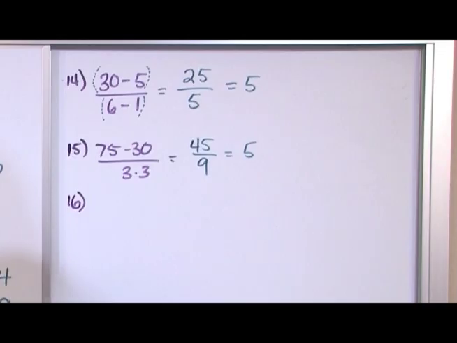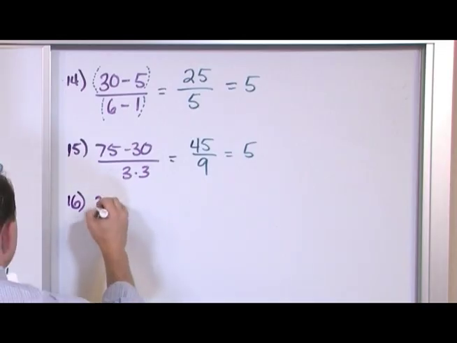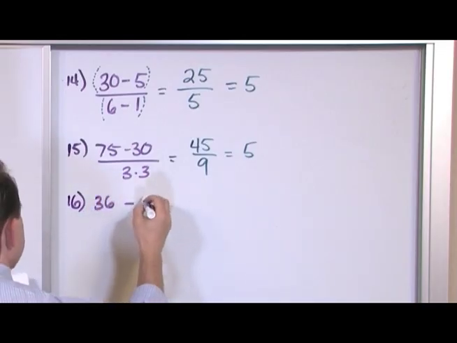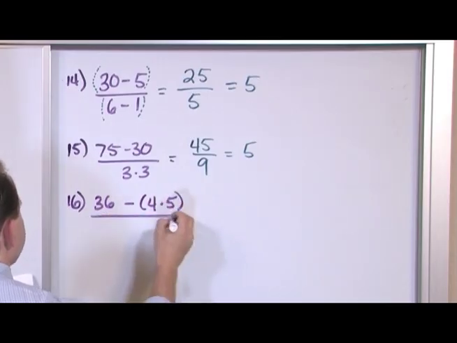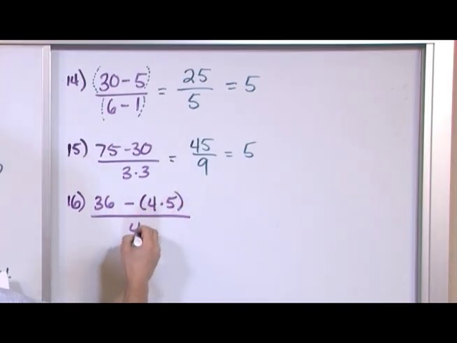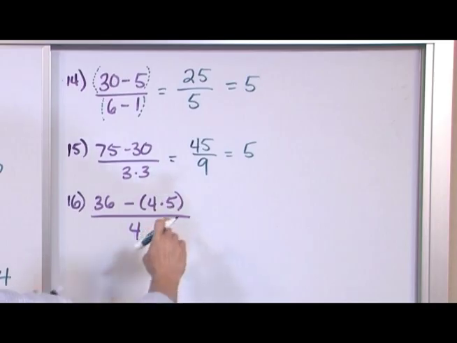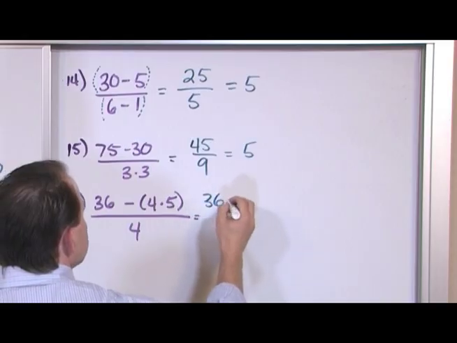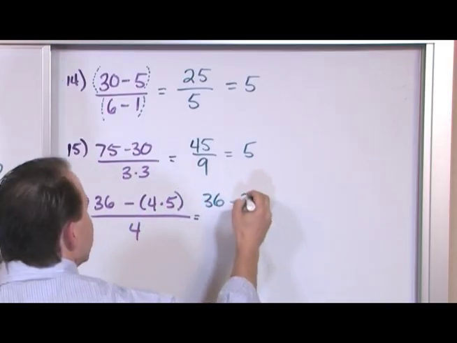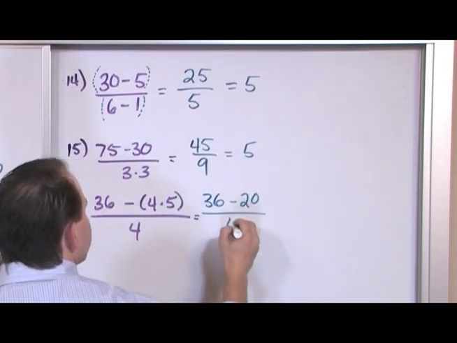16. Let's say you had 36 minus 4 times 5, all divided by 4. Same thing. You do the top separately from the bottom, and then you go from there. In the top we have parentheses, so we do this first. 36 minus 4 times 5 is 20, all divided by the bottom, which is 4.